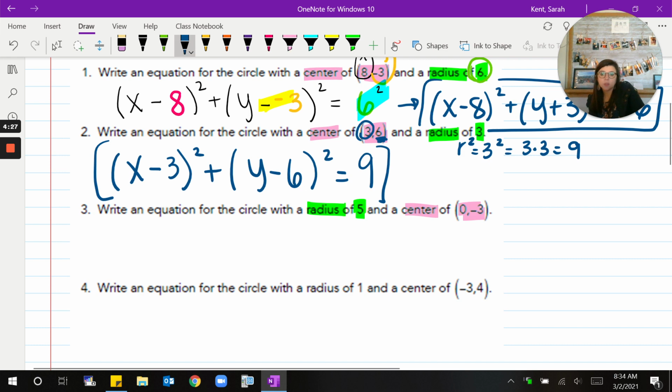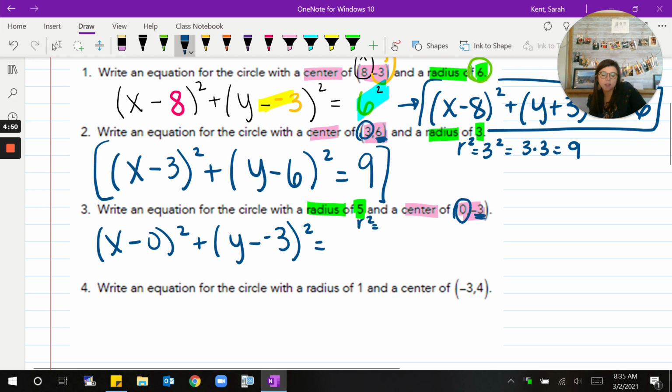So when I go to write, I'm going to have (x - my x value, which is 0)² + (y - my y, which is -3)² = my radius squared. So our radius squared would be 5 squared, which means 5 times 5, which is 25. So a couple things we'll fix here.